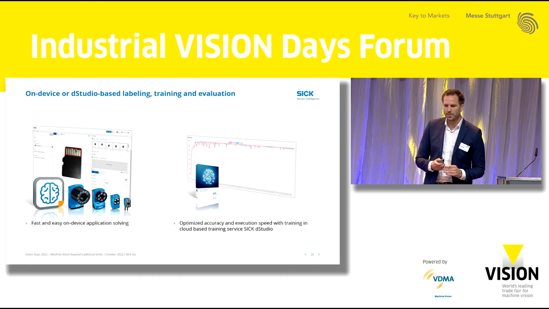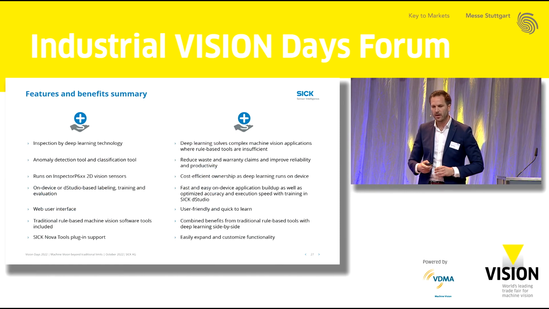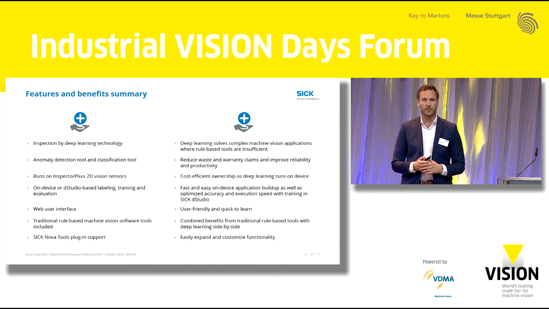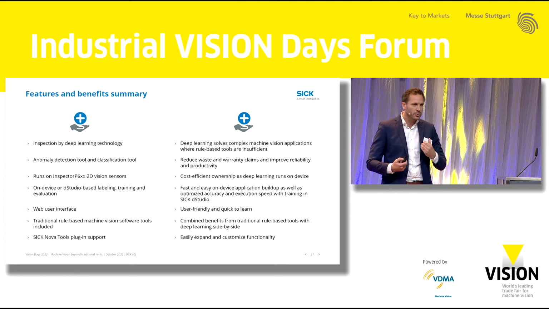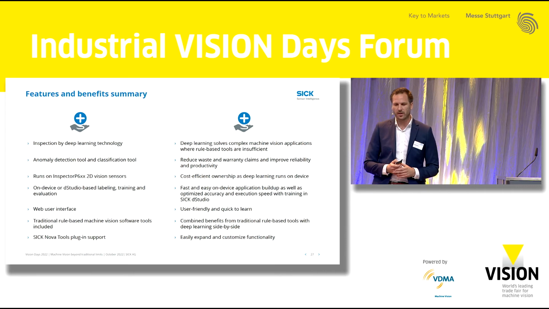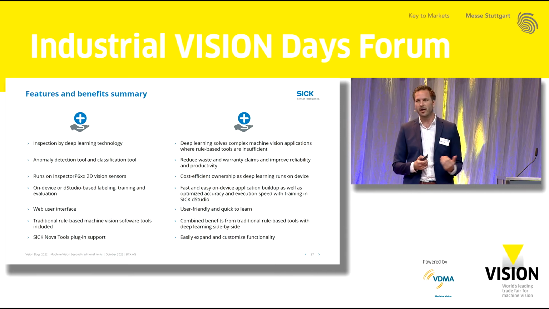So to really sum up what I talked about today, deep learning gives a lot of benefits. You can solve new types of applications that were not possible to solve before. And with these two new tools that can run on the device, customers can have lots of benefits in their production facilities.